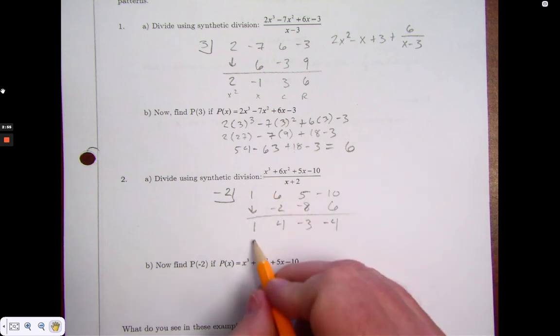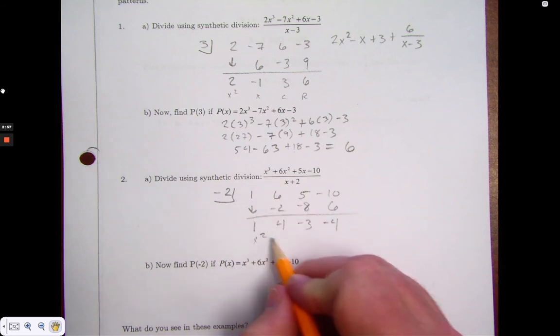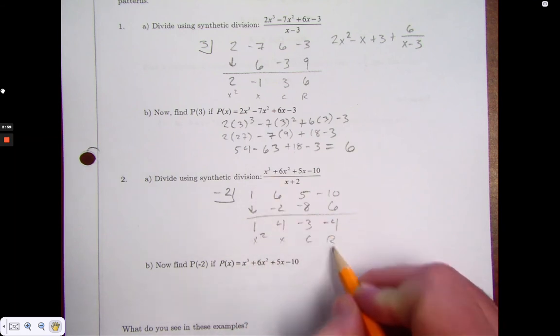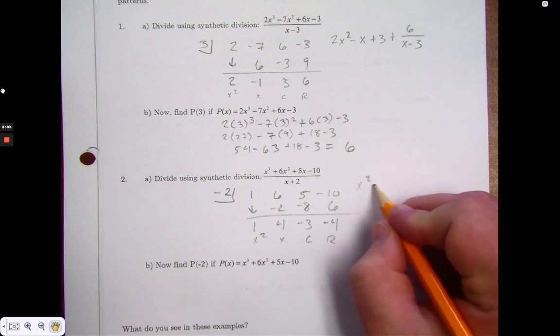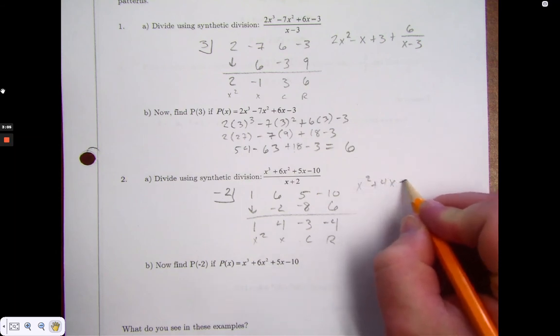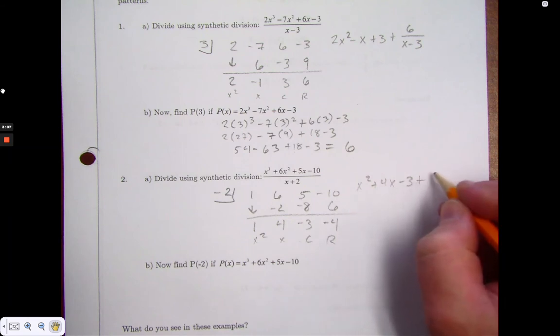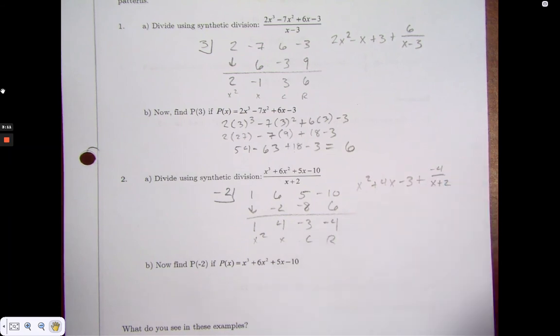Again, we start off with the third power, so it's our x squared, our x, our constant, and our remainder. So this is x squared plus 4x minus 3, plus -4 over x plus 2.